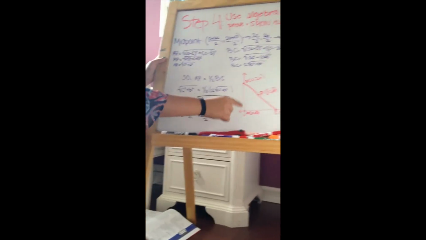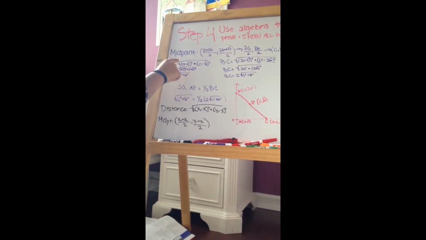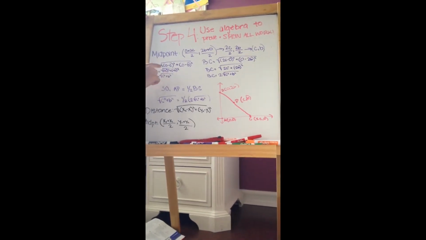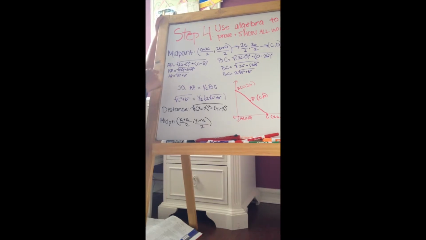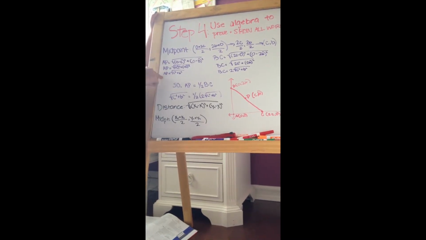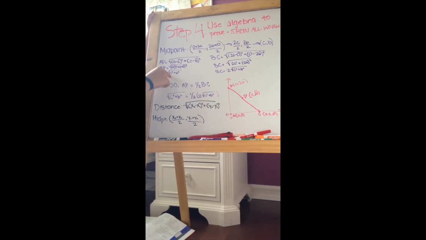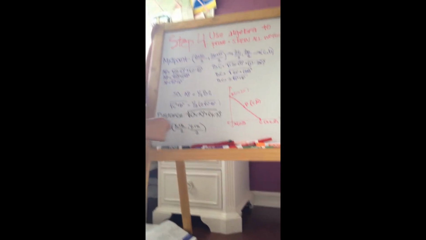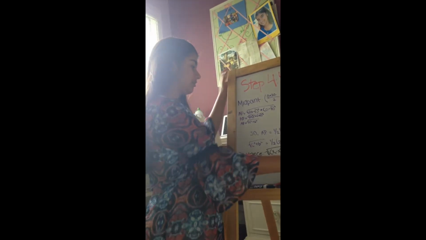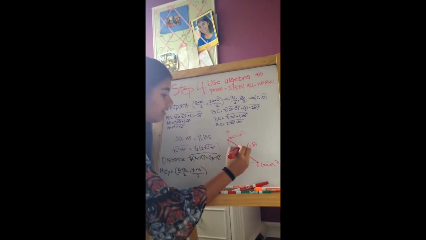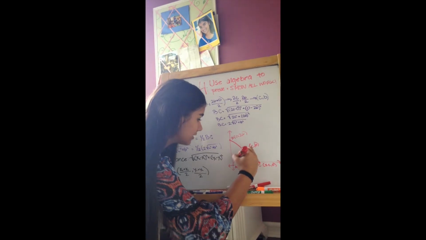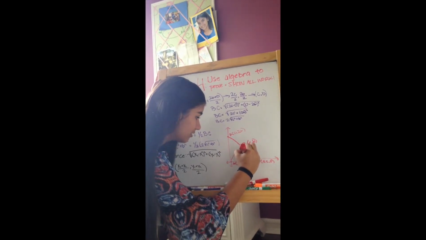Plugging in the points, we get the square root of 0 minus c whole squared plus 0 minus b whole squared, and that simplifies down to AP equals the square root of c squared plus b squared. Now we know that the distance between A and P is the square root of c squared plus b squared.